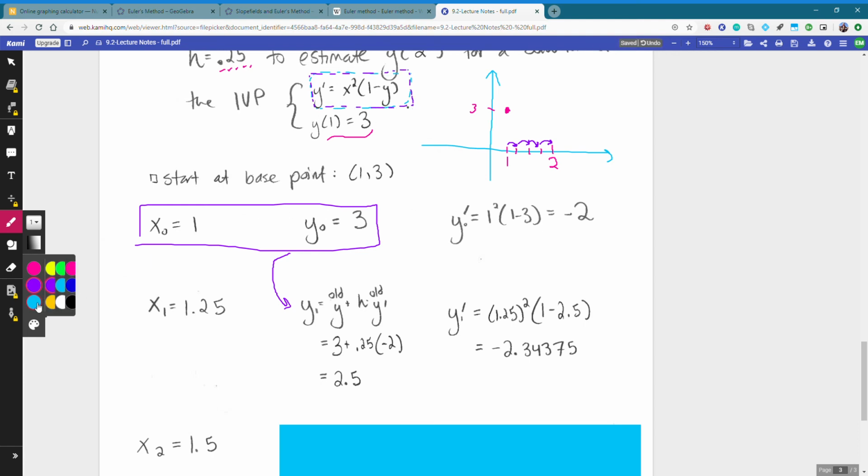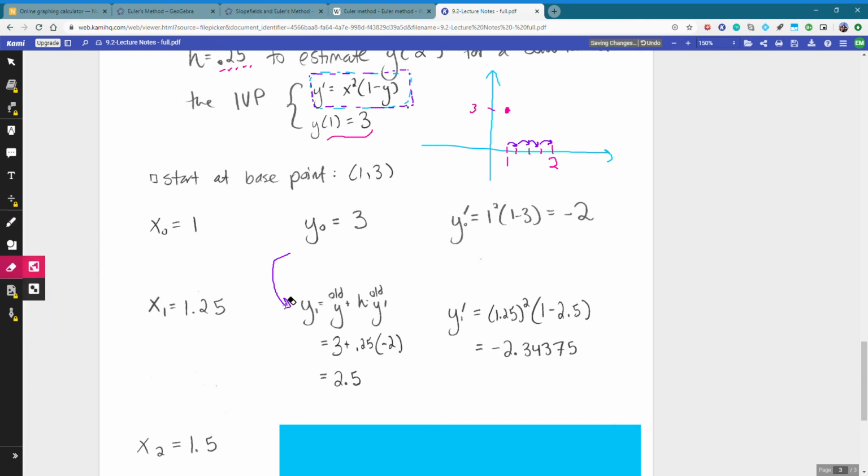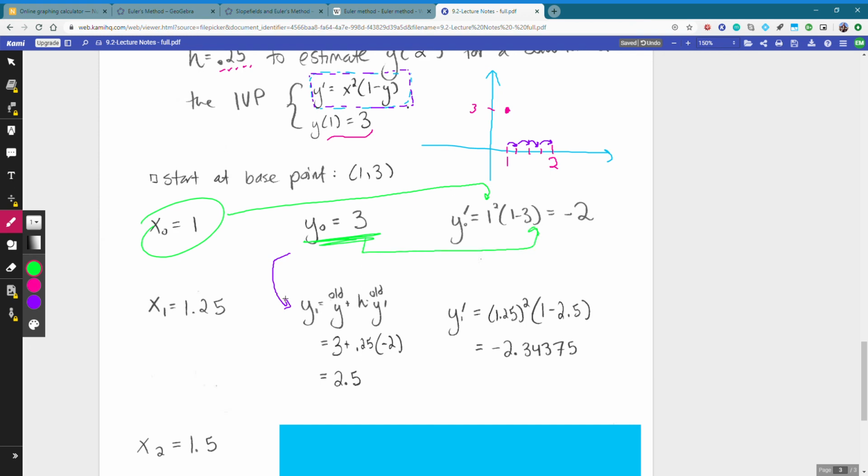Taking our x and plugging it in where x goes in the formula, and our y where y goes, and working that out, we see that the slope at our initial point is -2.